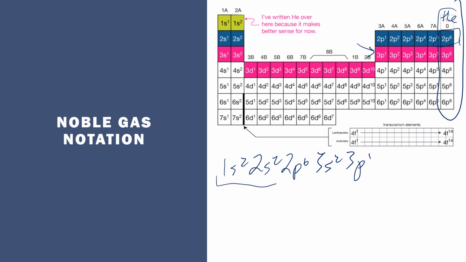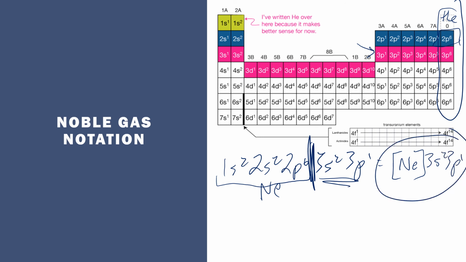Neon has just this part. If you cut it off here, this would be neon's electron configuration. So when we're writing noble gas notation, you can write just that noble gas in brackets and then write everything that comes after, just the 3s2, 3p1. So this is the noble gas notation for aluminum.